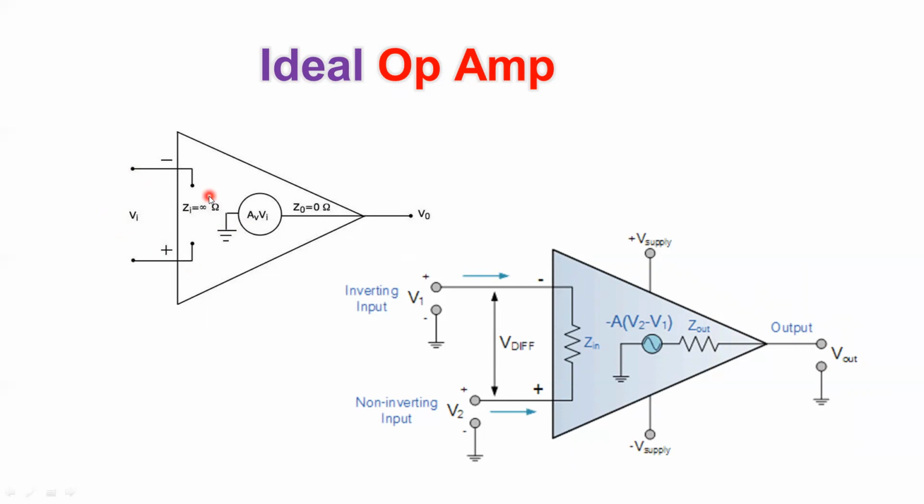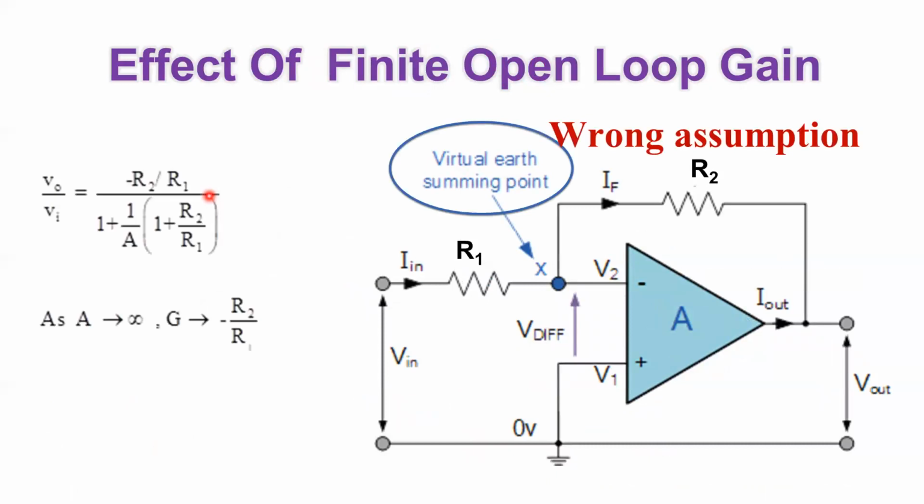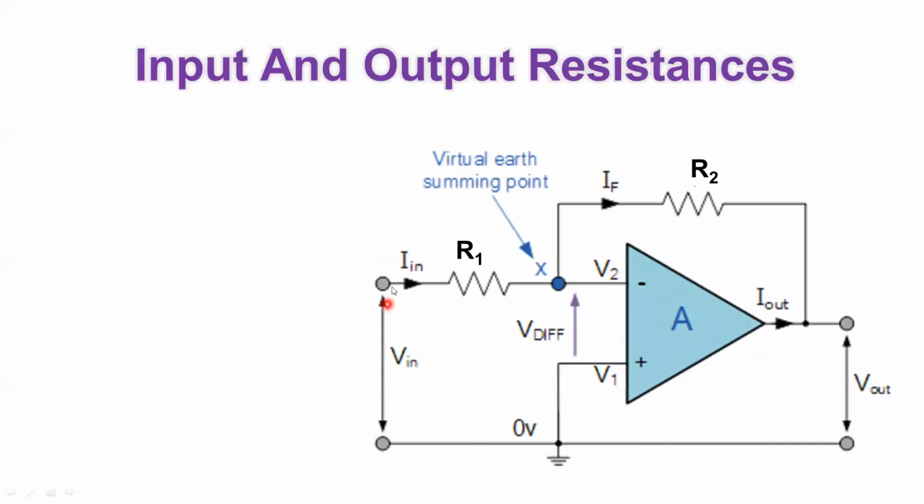That's true. But what about this structure? Here is the input, this is the input you apply, and this is the current. Here we have an output, but you have another current flowing there in this direction.